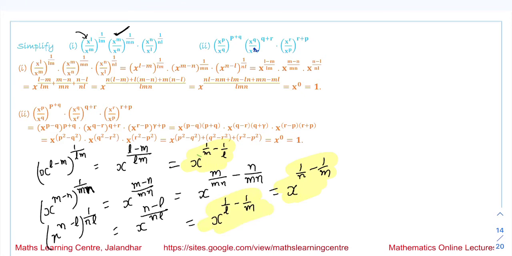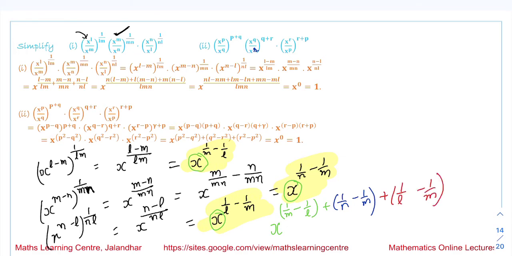So x is the same over here. These terms are in multiplication, so the final answer will be x raised to the power, powers will be added: 1 by n minus 1 by l, plus 1 by n minus 1 by m, plus 1 by l minus 1 by m.